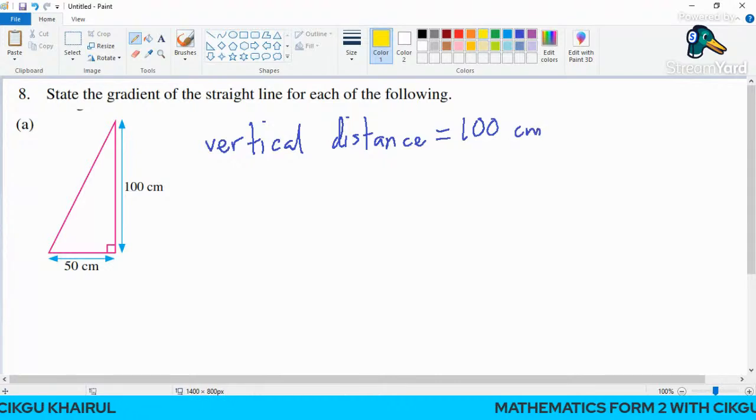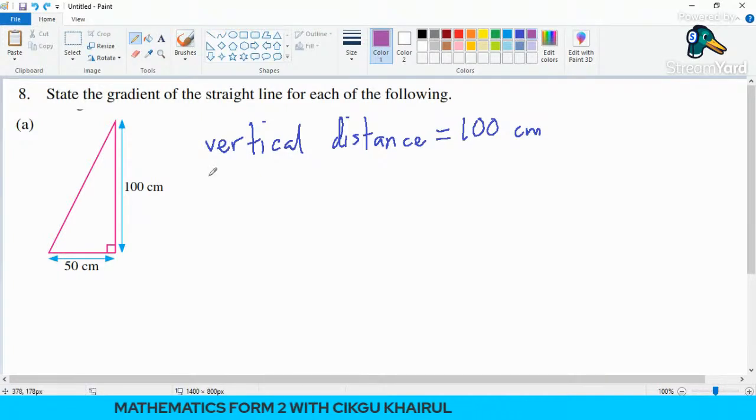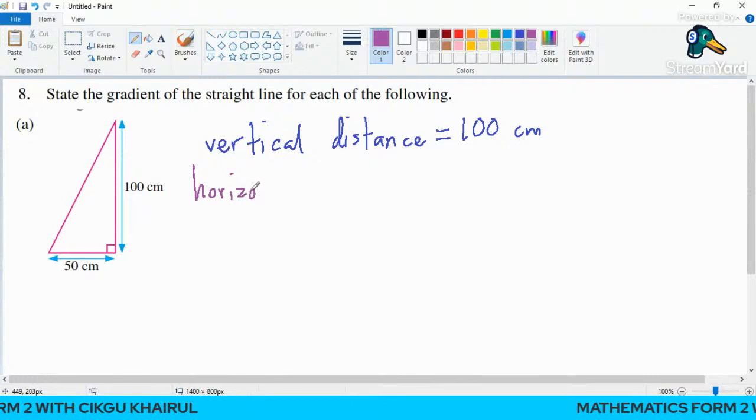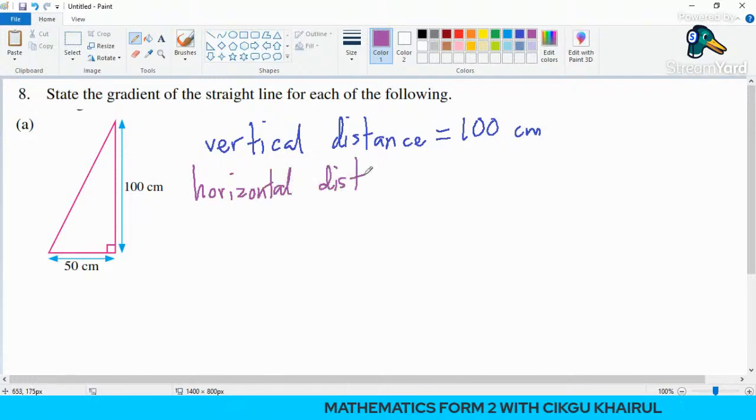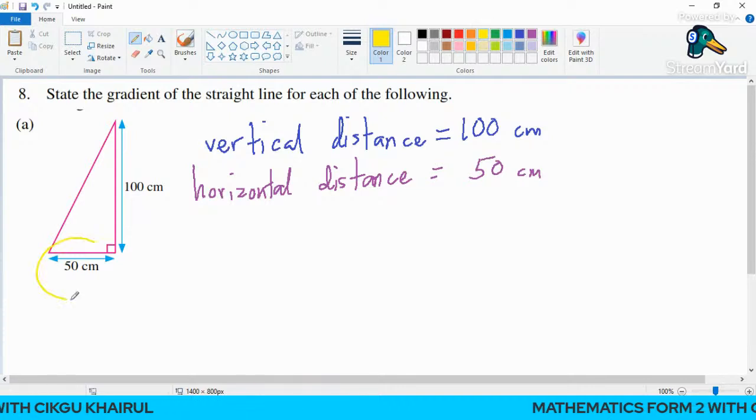This is the vertical distance. And then we have horizontal distance equal to 50 cm, and this is the horizontal distance, 50 cm.